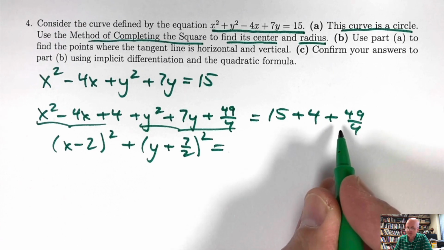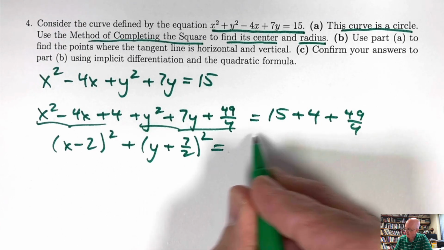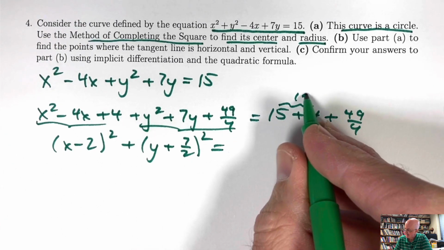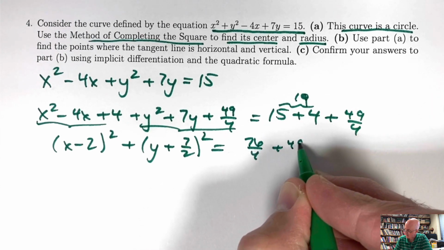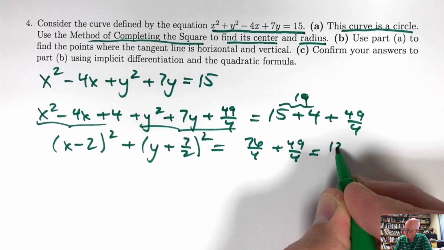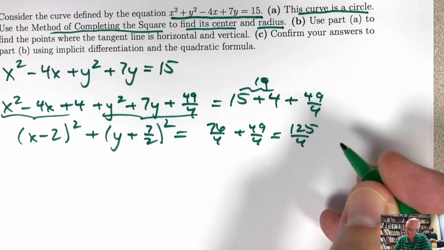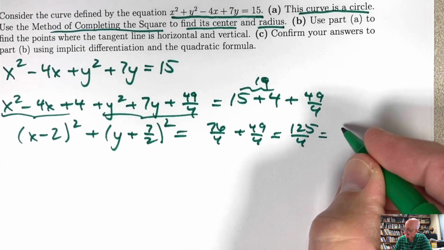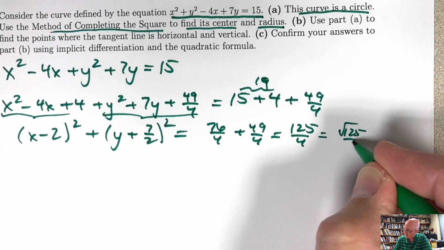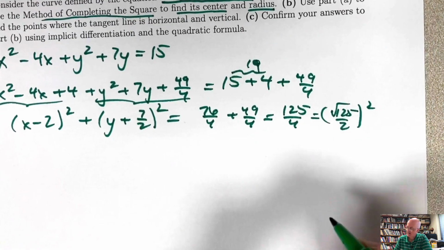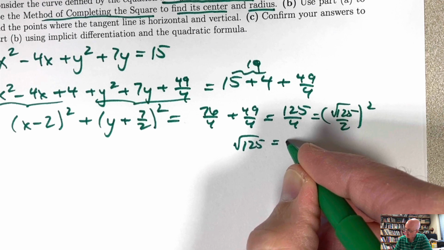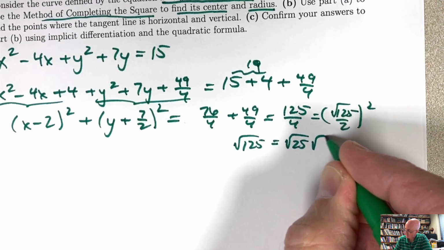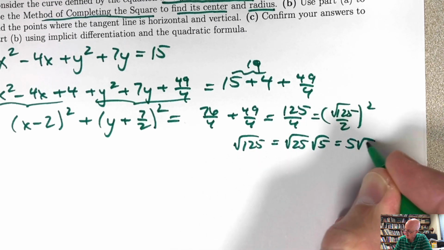The right side, I need to get a common denominator of 4. This is a 19 here. 19 is the same as 76 over 4 plus 49 over 4. We're going to get 125 over 4, which is the same as square root of 125 over 2 quantity squared. Square root of 125 is the same as square root of 25 times square root of 5, which is 5 root 5.